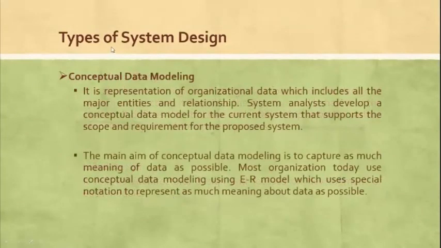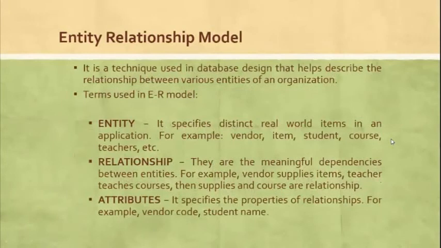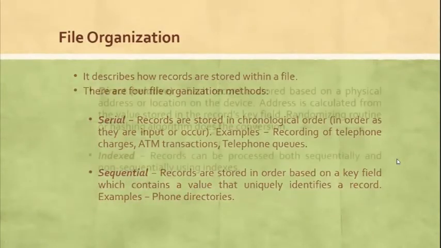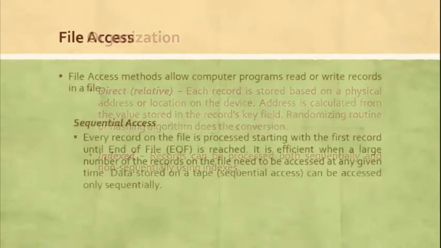Then we also discuss what is a conceptual data modeling. And then we further explain the elements and concept of the entity relationship model or the ER model. Then we also mentioned the 4 file organization methods, which are serial, sequential, direct or relative, and indexed.